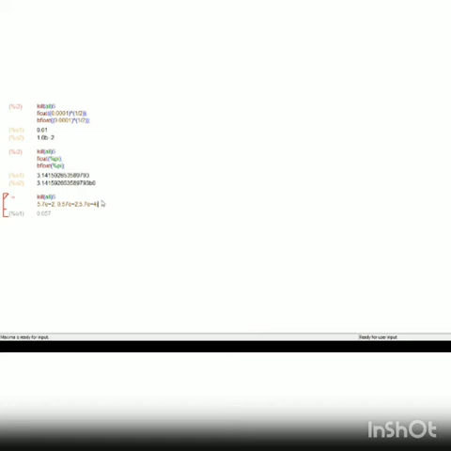And semicolon. 5.7 E plus 2. I'll give plus 2. Then 0.57. Let's see B also. B minus 2. And let me give some 5.7 B minus 4 and see what it gives.